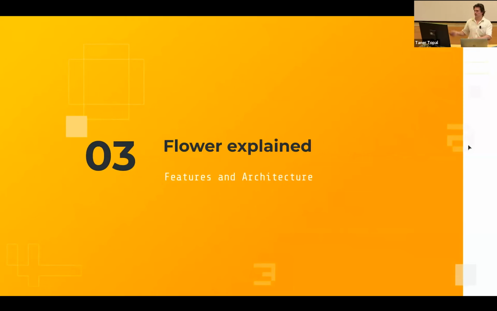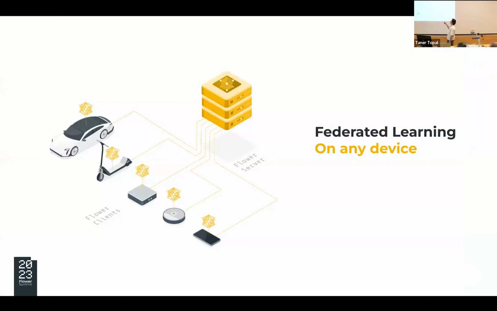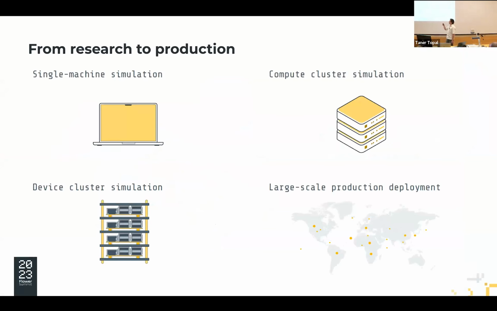Okay. So now I just wanted to quickly go over the Flower architecture, and also some small features of Flower. So this is what we saw earlier with the Flower server and the Flower clients. And what we didn't talk about is the possibility to also do some simulations. In what I showcased here with the basic example, it was not simulation.